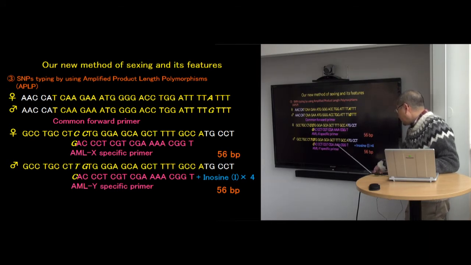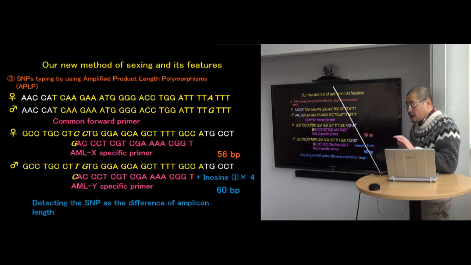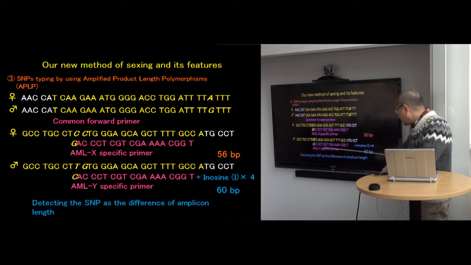Then the amplified product for male is now 60 base pairs. So we can detect the SNPs as the difference of amplicon lengths by electrophoresing these amplicons.